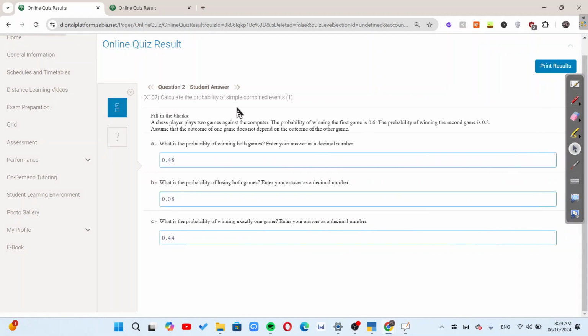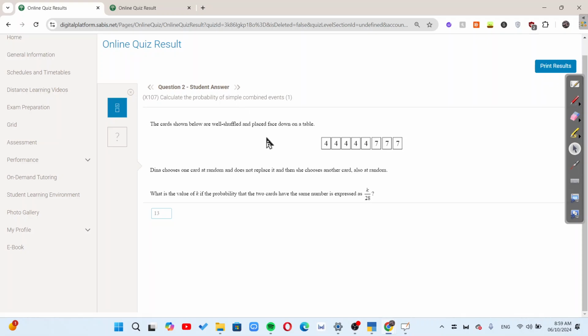Now, next question. Dina chooses one card at random and doesn't replace it, and then she chooses another card also at random. Dina has cards that have the number 4 or 7. Her probabilities of picking a card: she'll either get 4 or 7.